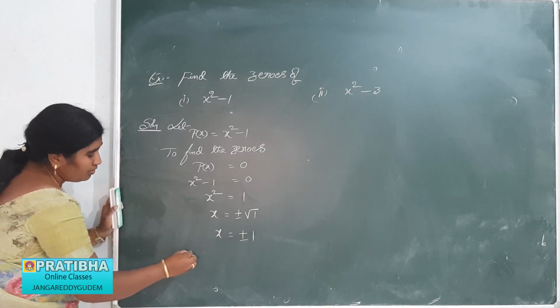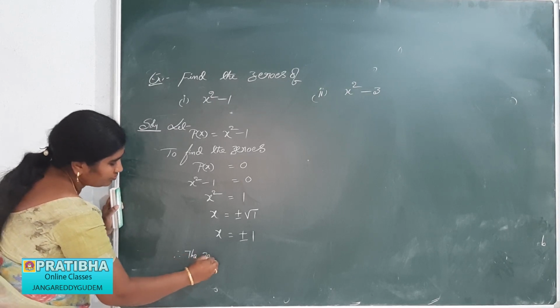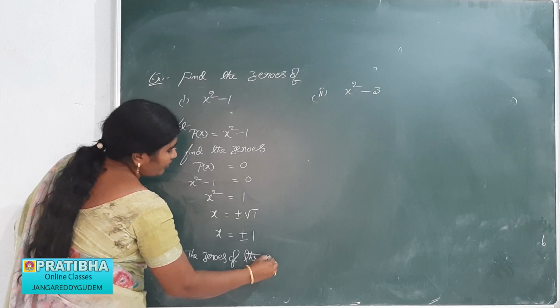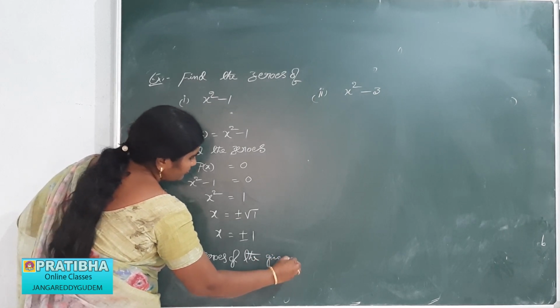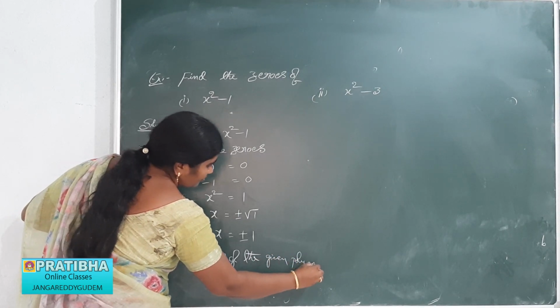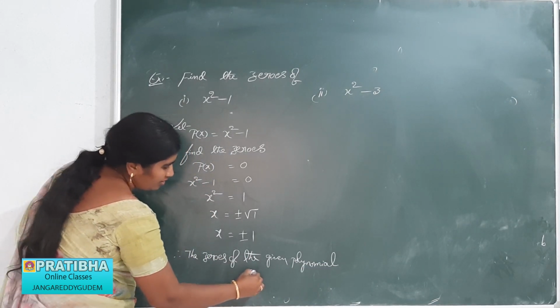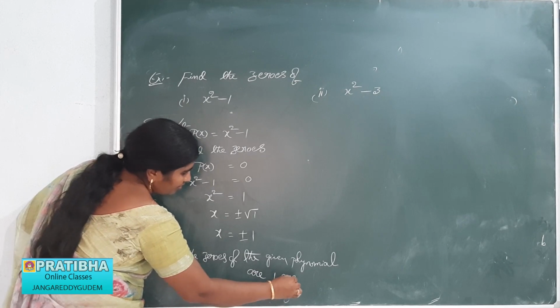Therefore, the zeros of the given polynomial are 1 and minus 1.